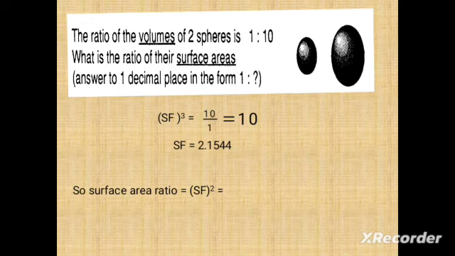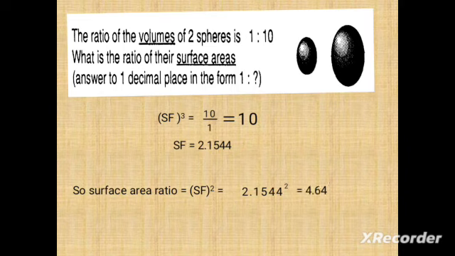Then we have been asked about the surface area. So with the linear scale factor, we find the area scale factor by squaring the scale factor. So the surface area ratio will be the scale factor squared, and that is 2.1544 squared.